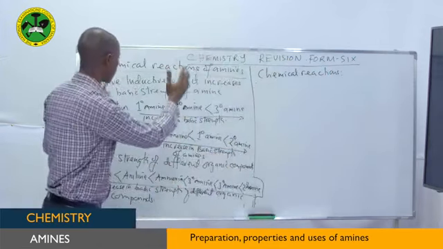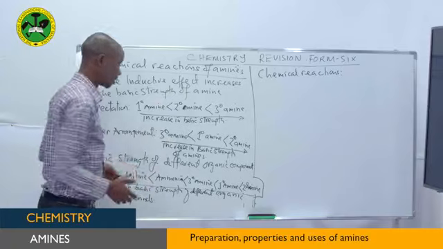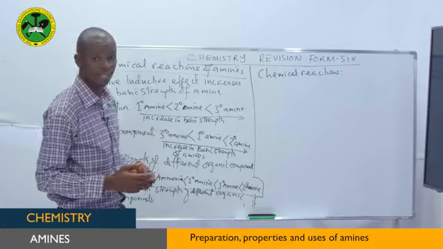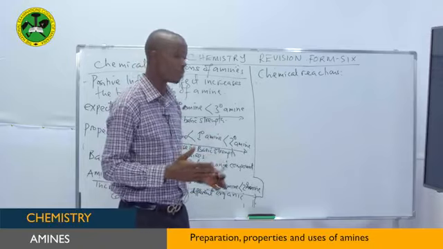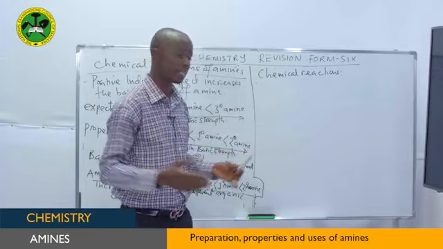And remember that amines are basic in nature, as we have said. So if they are basic in nature, let us see the reaction of it as a base. That means the amines react with acids.